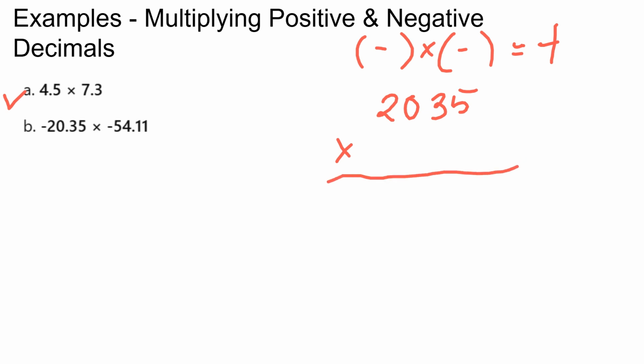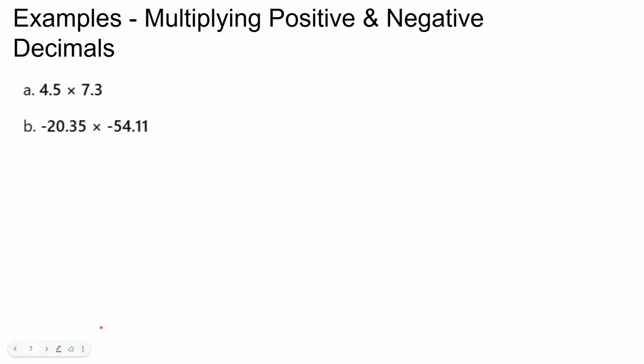Let us give more space here. Let's erase that. So we have 2035 times 5,411. Okay, let's multiply now.